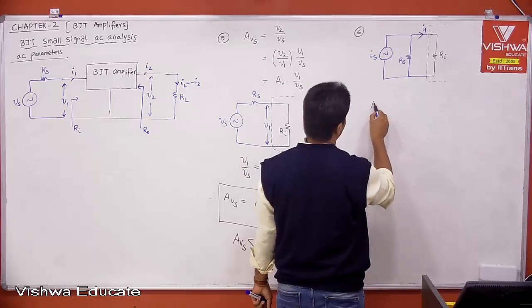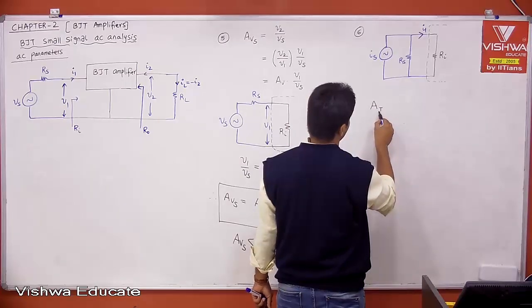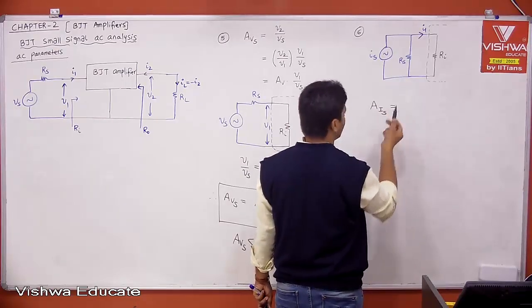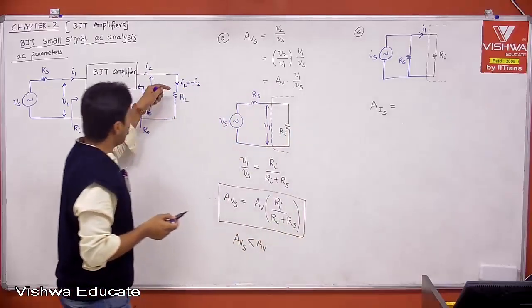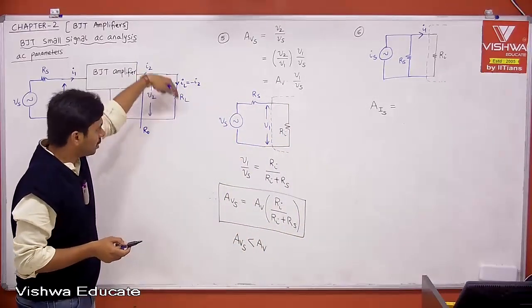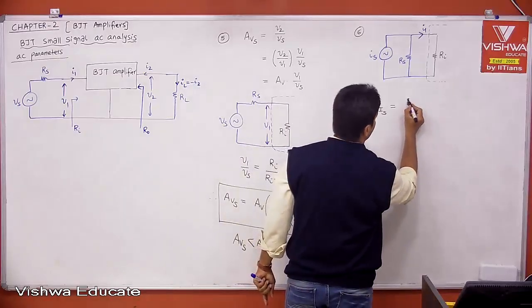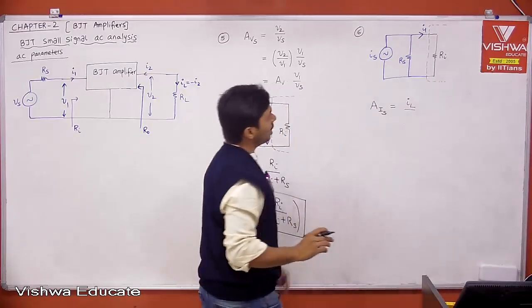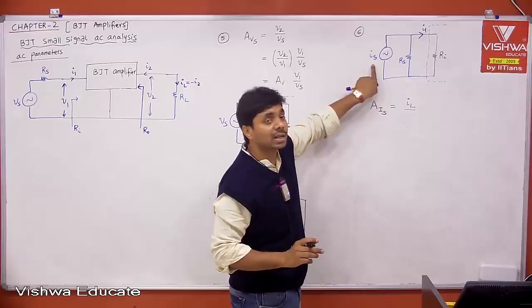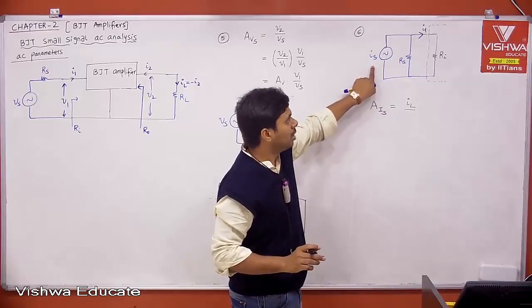if you ask me the definition of current gain, including source resistance, that is nothing but AIS equal to the current which is entering into the load, with respect to load I am speaking, that is IL, divided by the current which you are getting from the practical current source, IS, not I1.